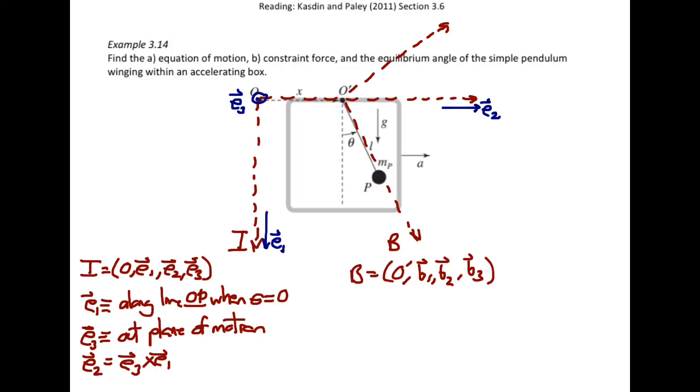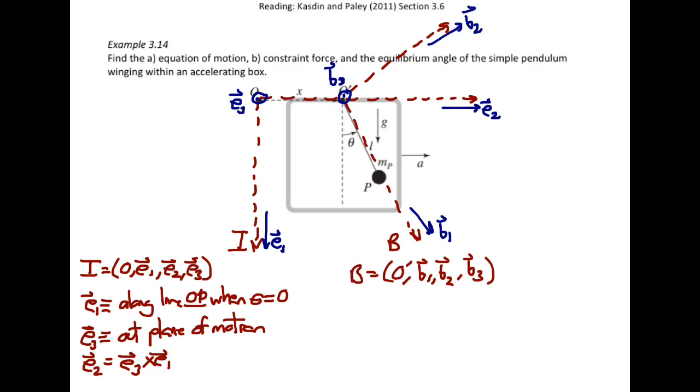Let's draw our vectors on here. Let's have B1, and we'll have B2. And then 1 cross 2 gives us 3, which means that we have a vector B3 that's pointing out of the plane.